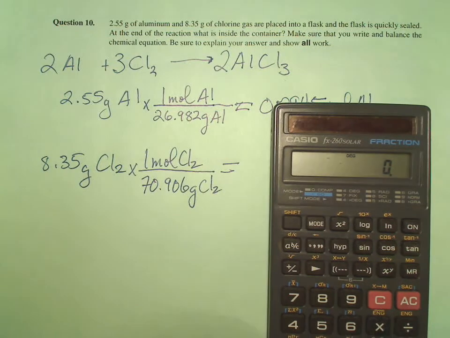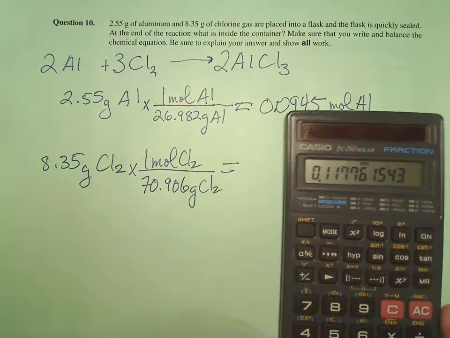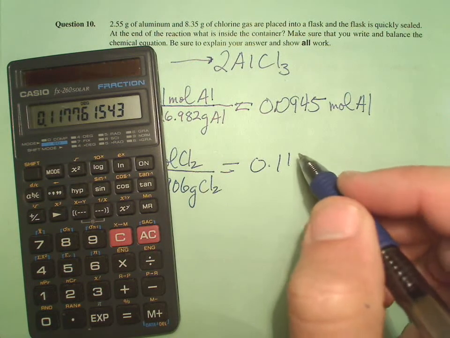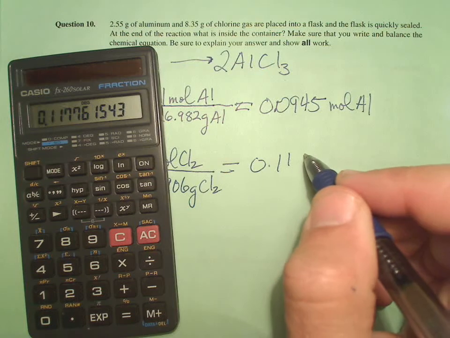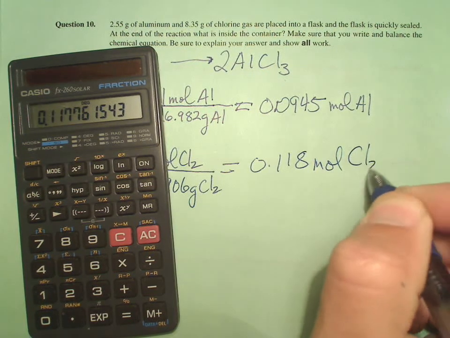And how about this guy? 8.35 divided by 70.906 equals 0.118, let's call it, 0.118 moles of Cl2.